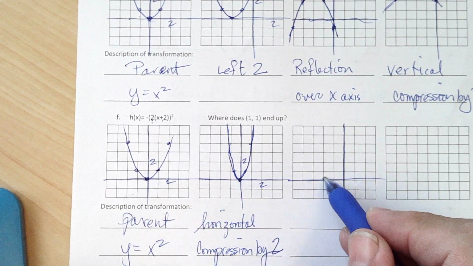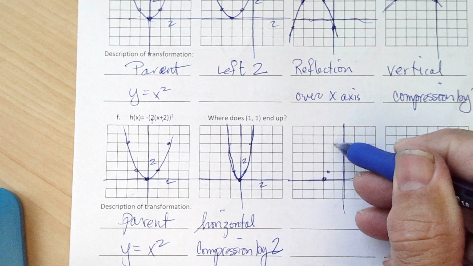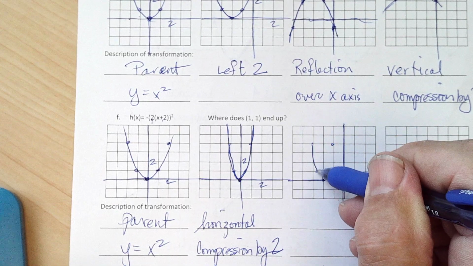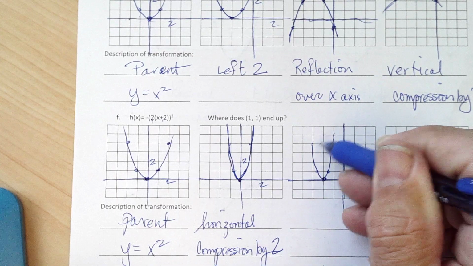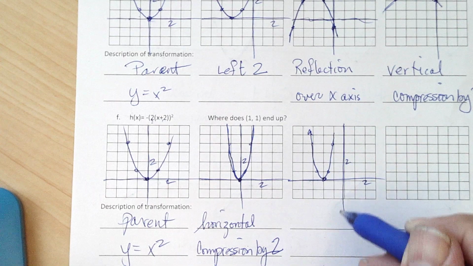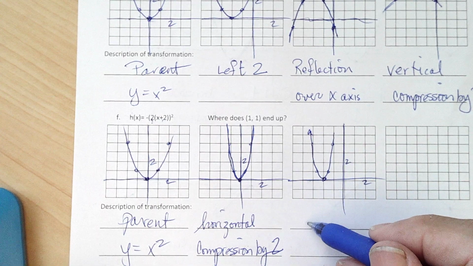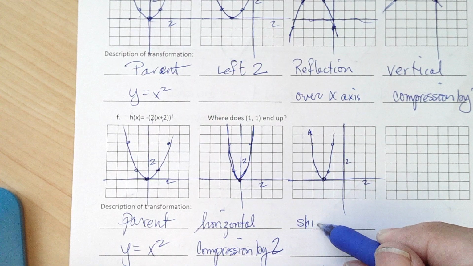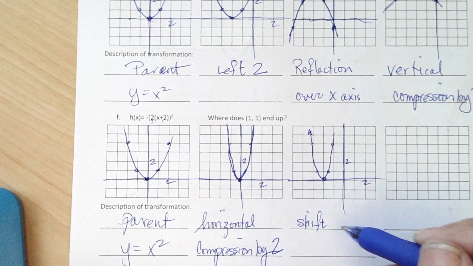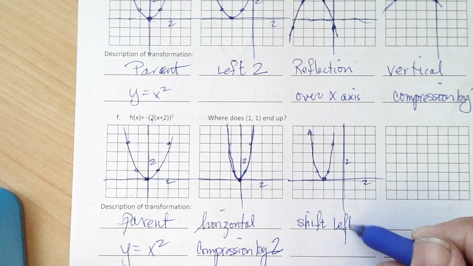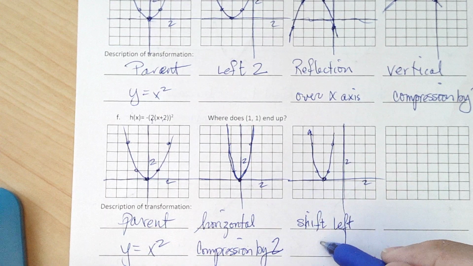So this goes to there, and to there, and to there, and to there, and to there. And so we did a horizontal shift if you want to add more detail. Shift left. Left tells me it's going to be horizontal. 2.